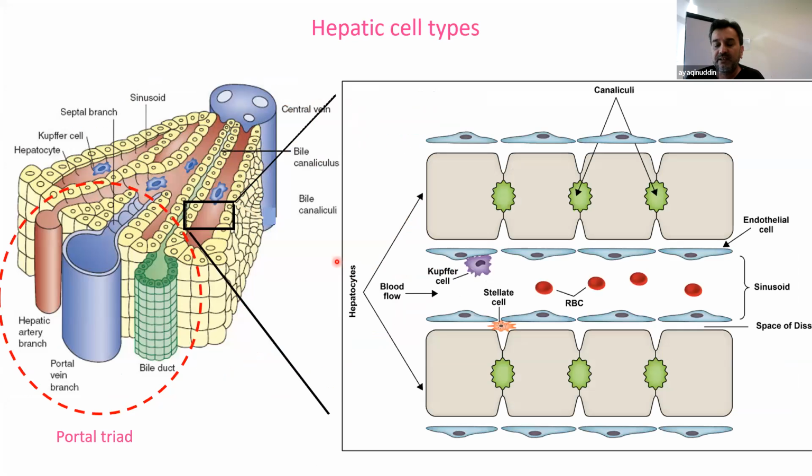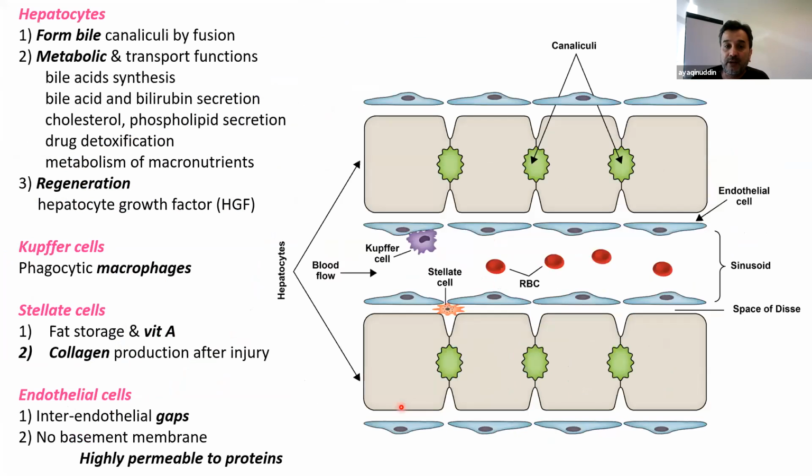Now we are coming to the different types of cells which you would see in the liver. You would find hepatocytes, stellate cells, Kupffer cells, the endothelial cells of the sinusoids, and the cholangiocytes, which are lining the bile canaliculi. These are different types of cells, and they have different functions.